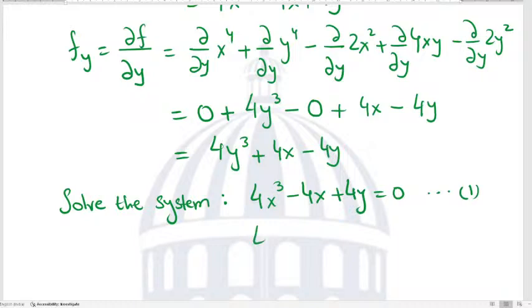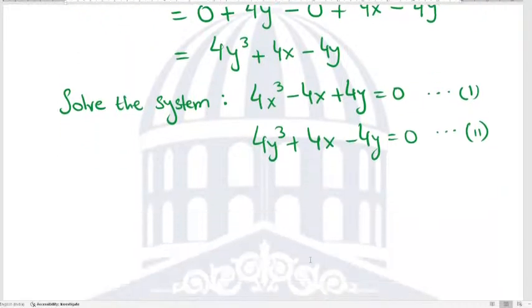And 4y cubed plus 4x minus 4y is equal to 0, which is equation number 2, right? Now we just need to solve these two equations.